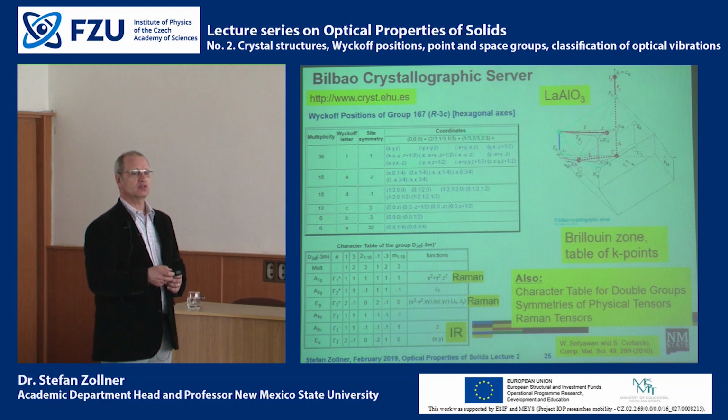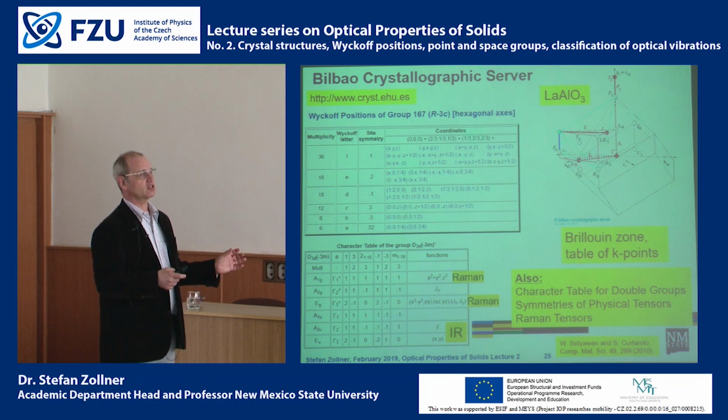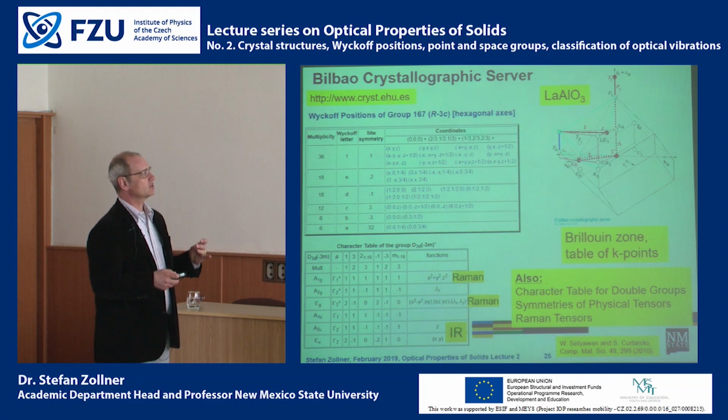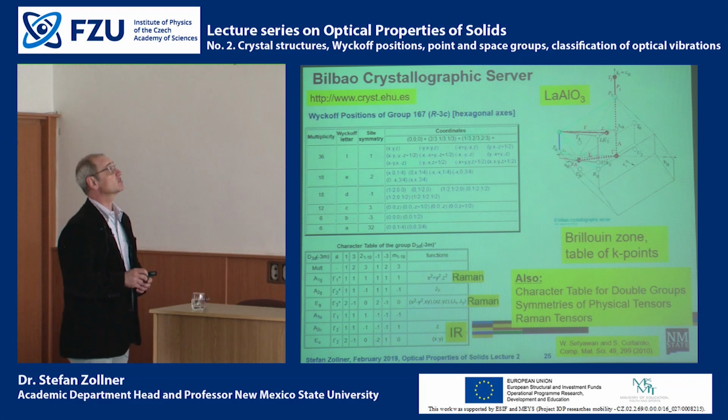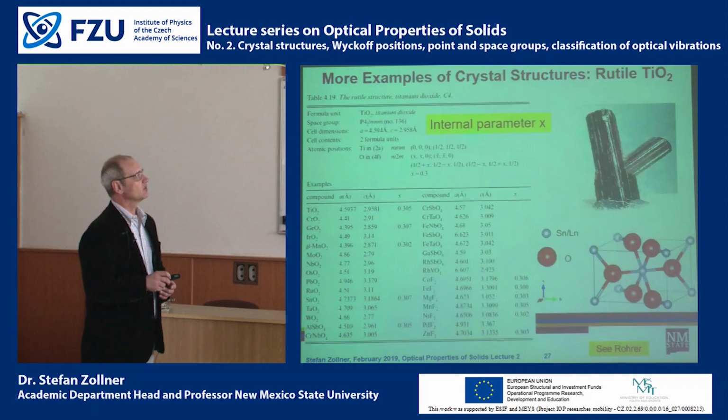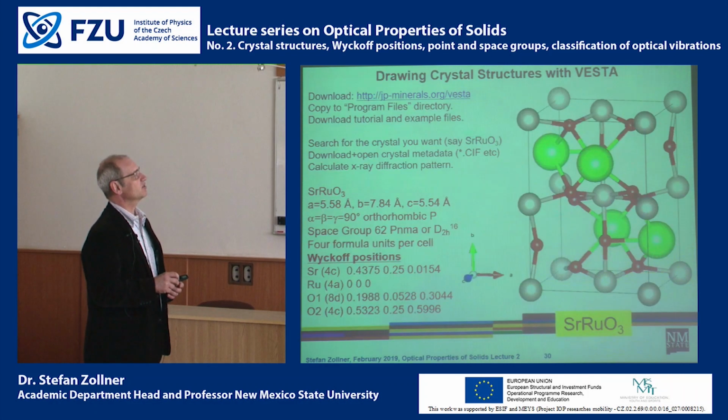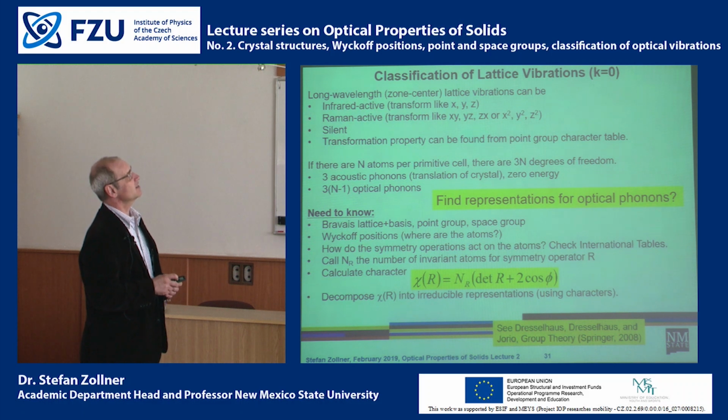So what we need to do is we start with the crystal structure, and then somehow we need to sort the normal modes of the crystal by representations. And once we've done that, the character table will tell us which of these are Raman active and which of these are infrared active. That is described in the book by Millie Dresselhaus.